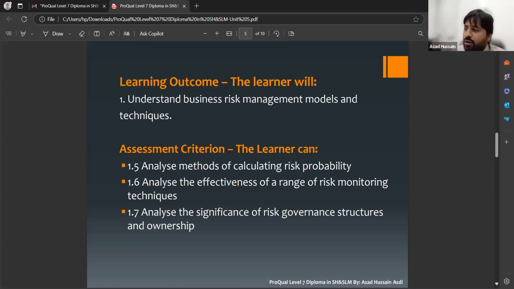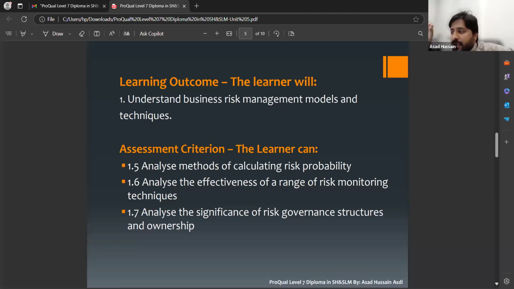Before moving forward, you should know what a risk governance structure actually is. It is a well-defined framework which denotes the responsibility and accountability for management and oversight of risk in an institution.